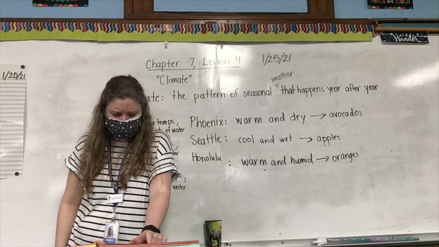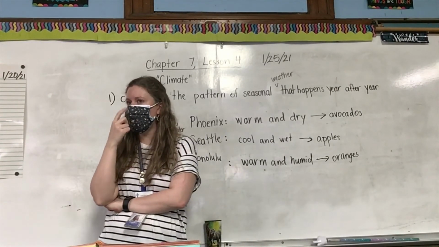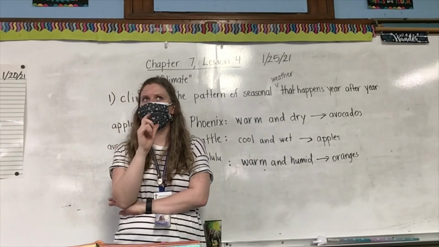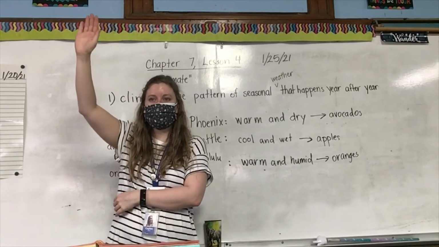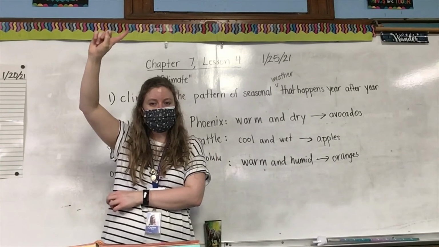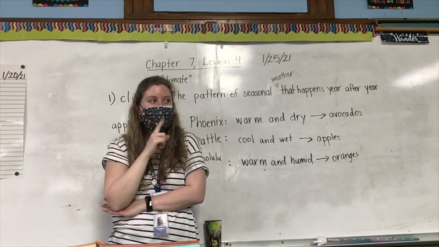Near the poles, the climate is cold all year. We know that near the poles, it is cold. It is what type of climate region? What type of climate region is it at the poles? Smith? Polar region.